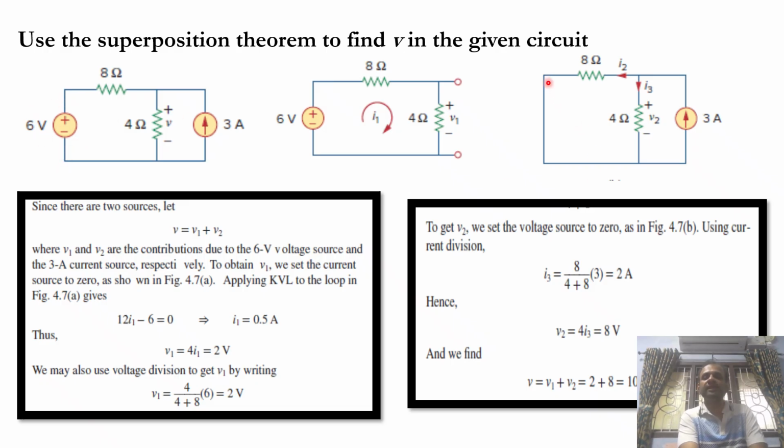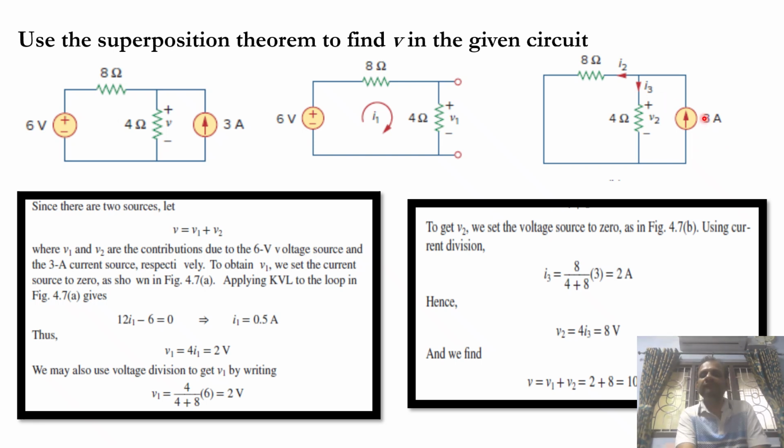So you can see here a wire is connected here, but here it is open. So a short is made between 8 and 6 volt. Okay, so 3 ampere is the current.